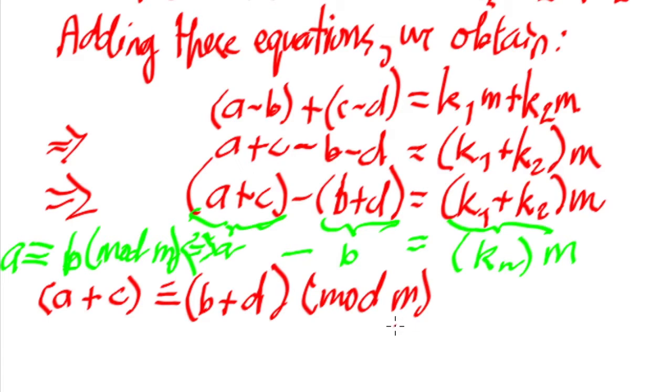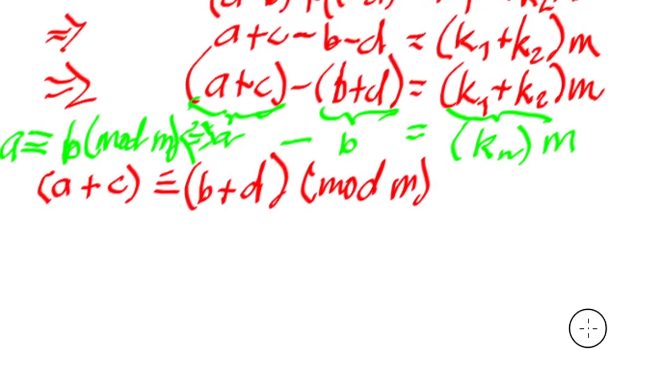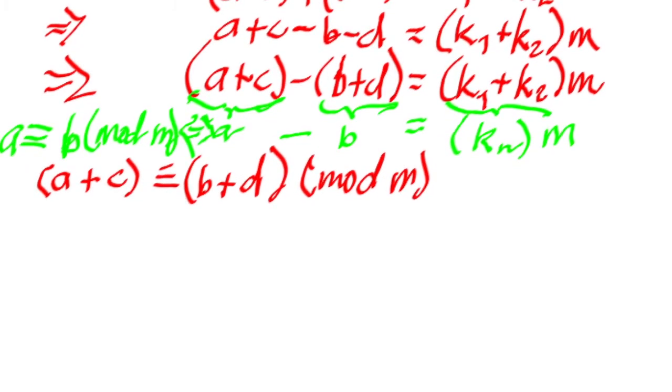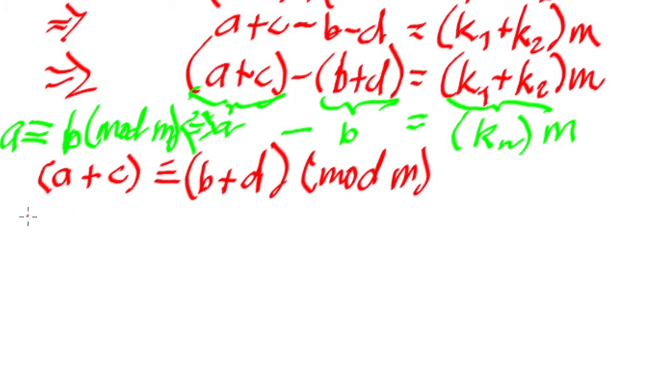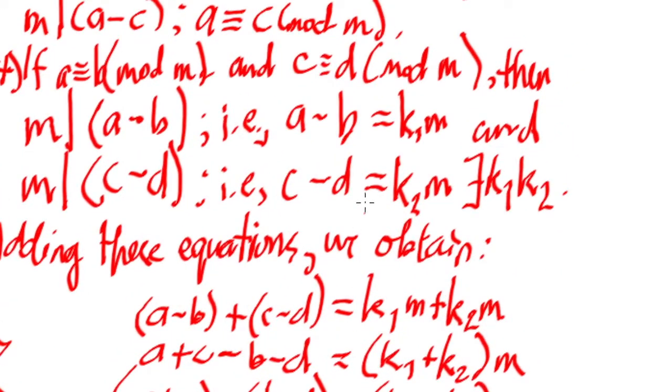Now, as regards the second assertion of this property number 4, let's note that A times C, we will be using the values of A. A minus B equals K sub 1 M. So we will be transposing B to the other side.